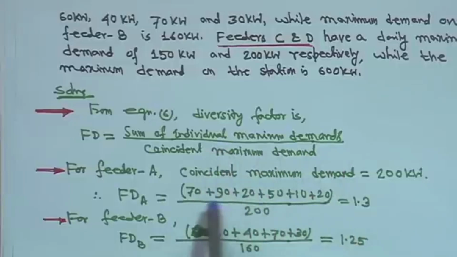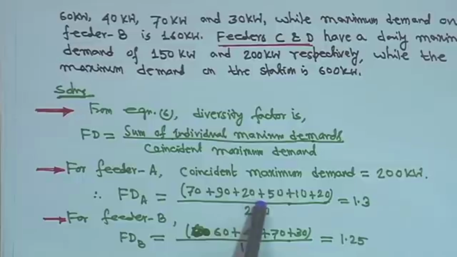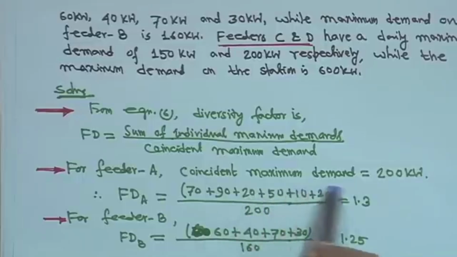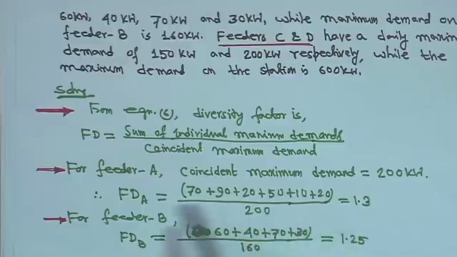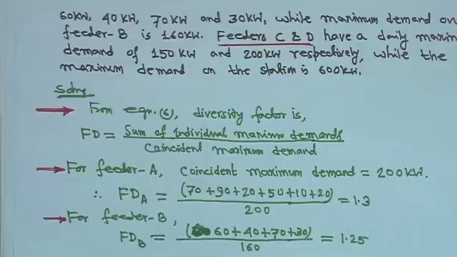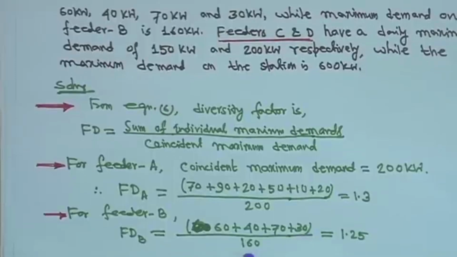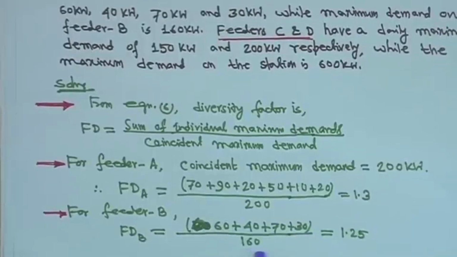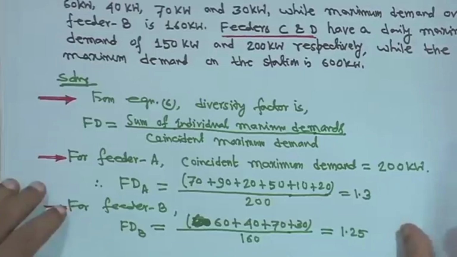So, 6 are there, 70, 90, 20, 50, 10 and 20, all kilowatts, divided by the coincident maximum demand 200 kilowatt. So, for feeder A, the diversity factor is 1.3. Similarly, for feeder B, 4 consumers are there, 60 plus 40 plus 70 plus 30, all in kilowatt, and their peak is 160. Therefore, the diversity factor for this one is 1.25, right.